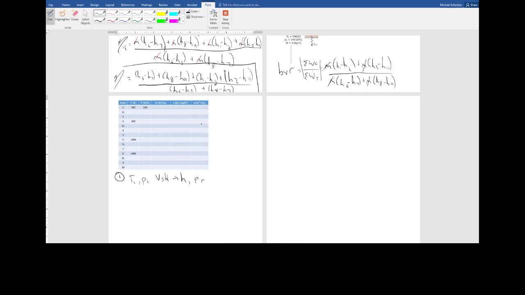Because I'm just going to write a note to myself that if delta S is equal to 0, I need to use an isentropic relationship. Now, we saw before that if it was constant specific heat, that would be T over T is equal to P over P to the power of K minus 1 over K, right? If it's variable specific heat, then it's going to be P over P is equal to PR over PR.